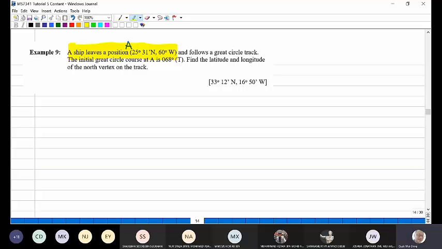The initial course is 68 degrees at A. Find the latitude and longitude of the north vertex. So they want to find the latitude and the longitude of the north vertex. This is what they want.